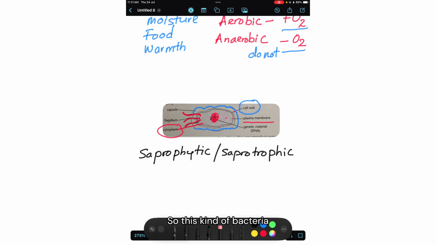This kind of bacteria are decomposers. That means they feed on dead organisms and waste. Saprophytic bacteria.